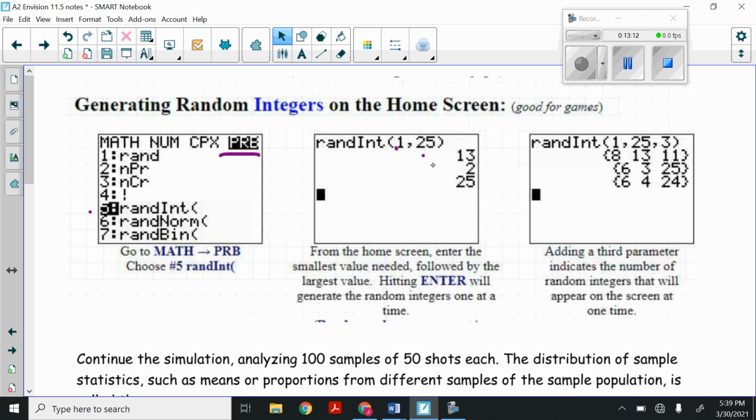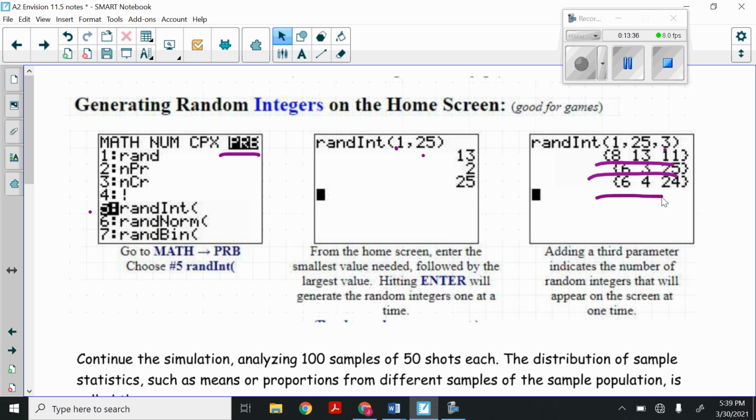So they did 1 and 25. If you also put, in parentheses, something like 3, it'll tell you how many numbers you want to appear on the screen at once. In Gabriella's case, we would have done 1, 100, since she wanted 1 to 100. And again, if we put 3, it would give me the numbers in sets of 3.